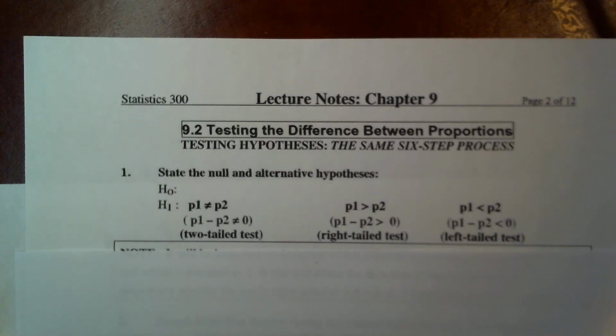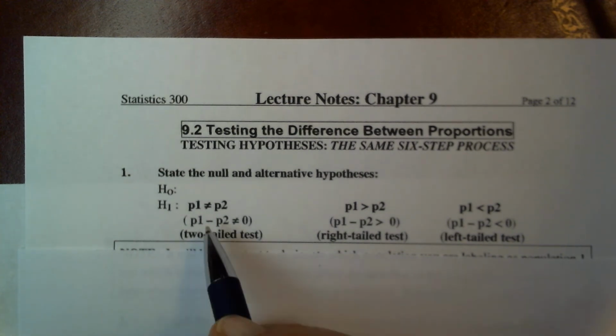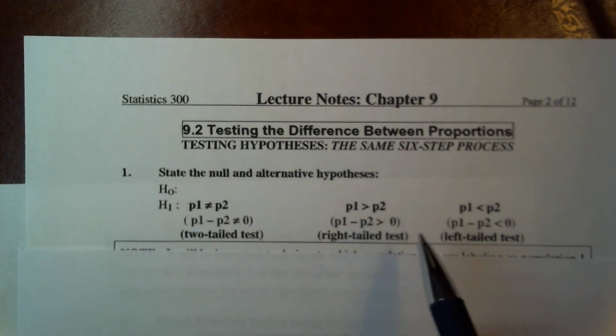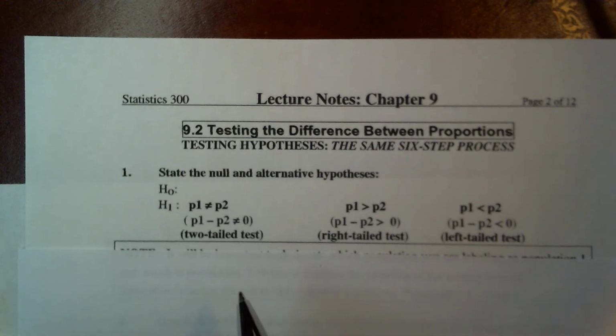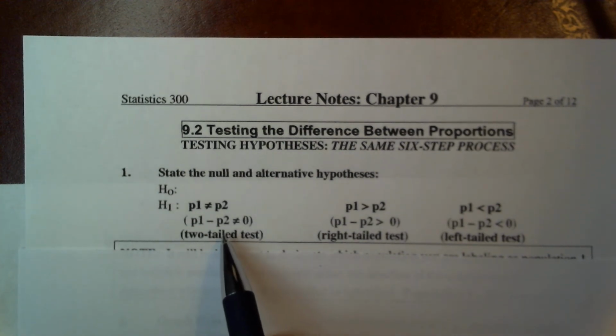The first thing we'll be doing is testing the difference between proportions. And so we're using the same 6-step hypothesis test that we had before. So we state the null and alternative hypothesis, H naught and H1. And of course, the alternative hypothesis has a not equal, greater than, or less than. And then if it's not equal to 0, we have a two-tailed test.